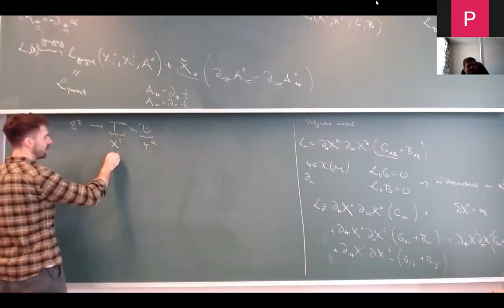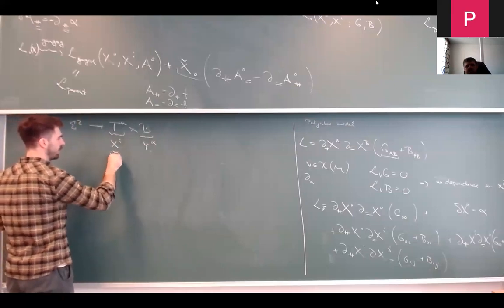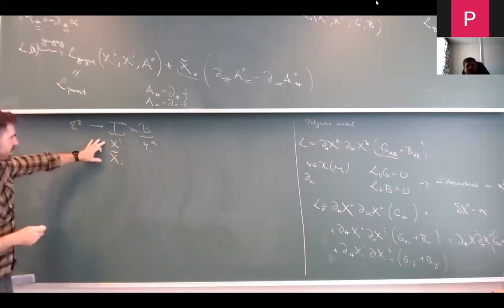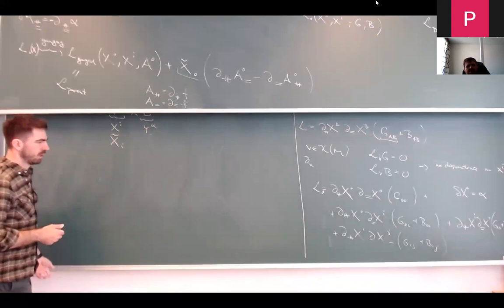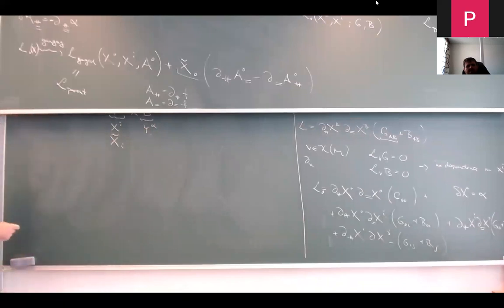And then I will double just these isometric directions, a doublet for each of the isometric directions. And the model which we'll describe will be the following.